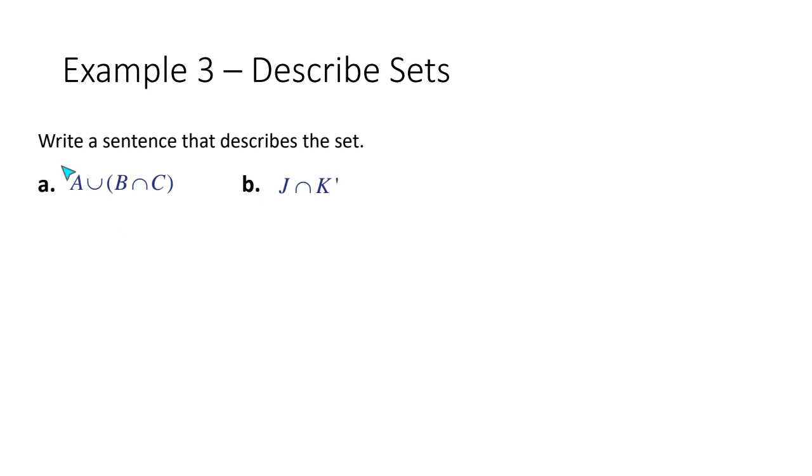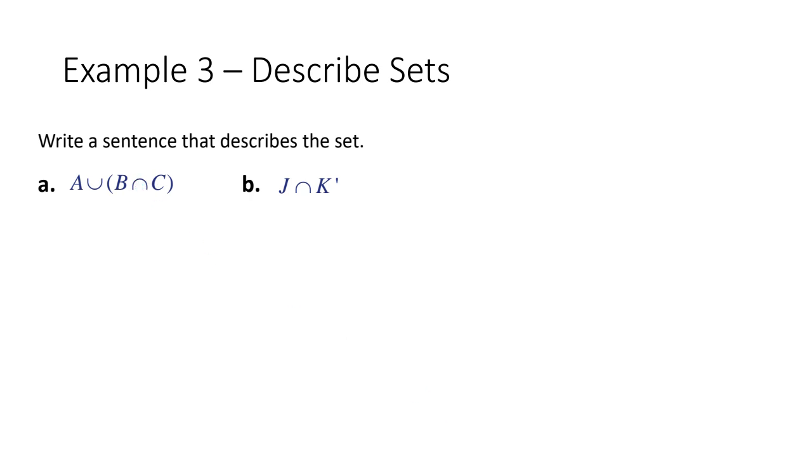So it says write a sentence that best describes the set. So we have A union, and then we have B intersected with C. So if you see these symbols, that's the union. So you want to think of the word or. And then here we see this symbol, which is the intersection. You want to think of the word and.